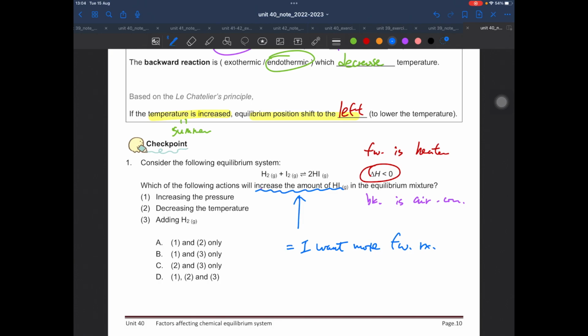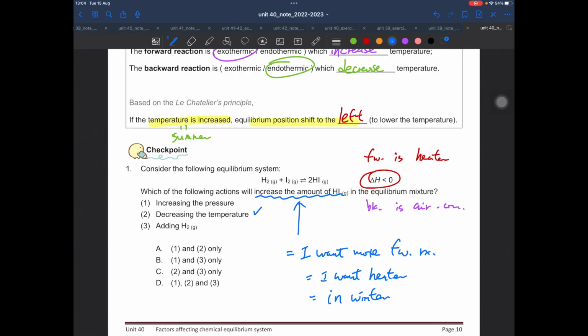So what should I do? Forward reaction is heater. So when will you prefer to use heater? In winter, right? In winter, that is decrease in temperature, right?